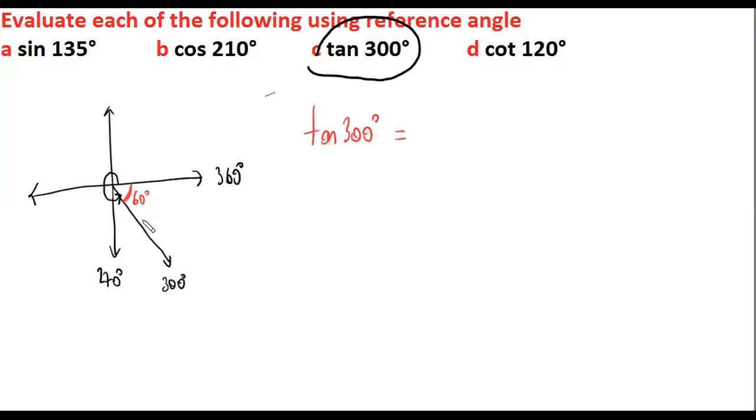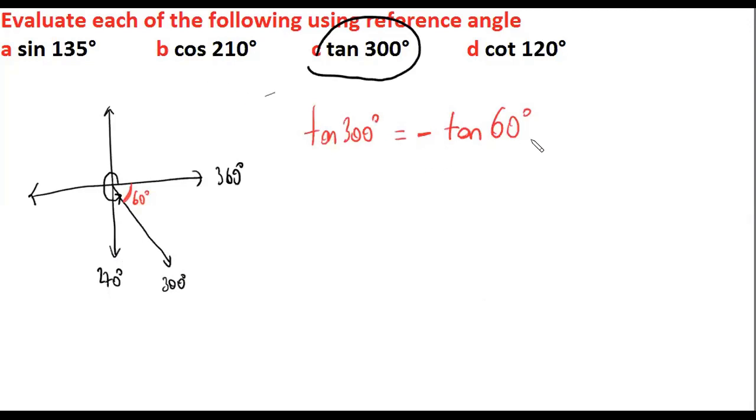Negative over positive is negative. The second way: All Students Take Calculus. Calculus means only cosine is positive here. That means tangent is negative here. So negative tangent of reference angle, 60 degrees. Tangent of 300 degrees is equal to negative tangent of 60 degrees.